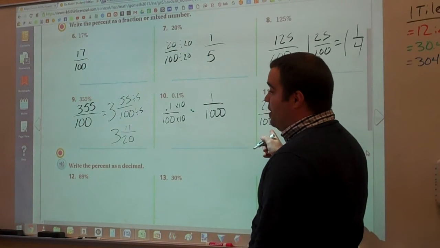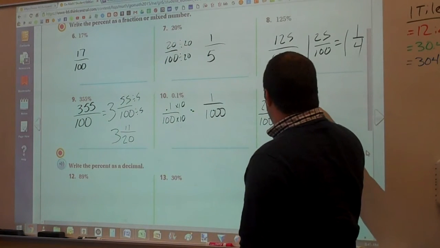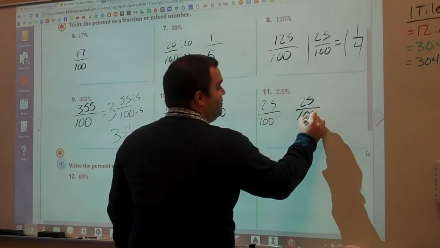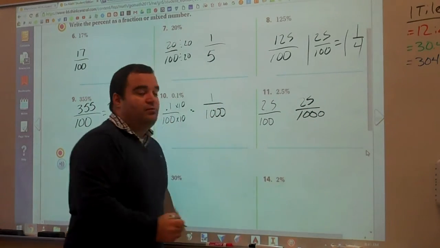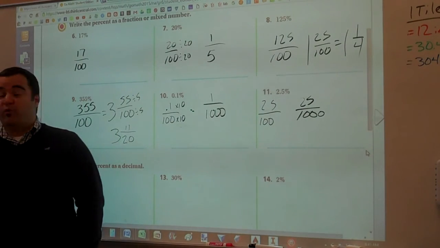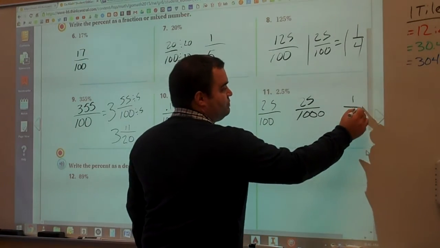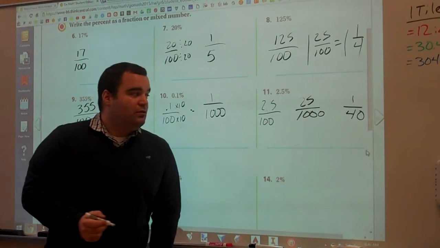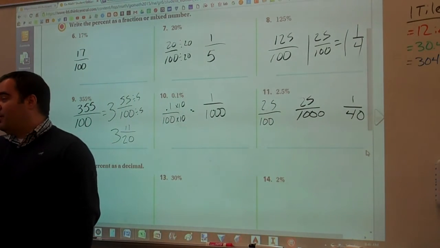But you got to do that to the bottom too. So it's not 25 over 100. That's 25 over 1,000, which we can reduce to 1/40th. You divide a 25 out of both of those.